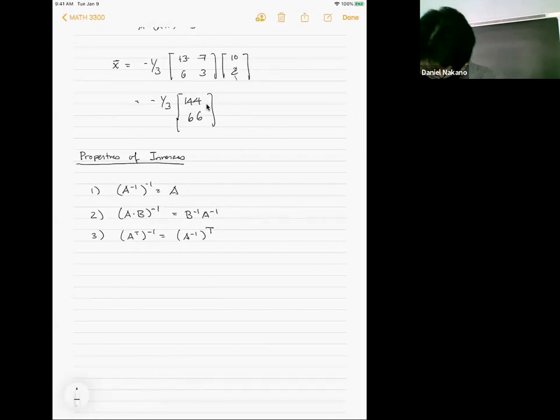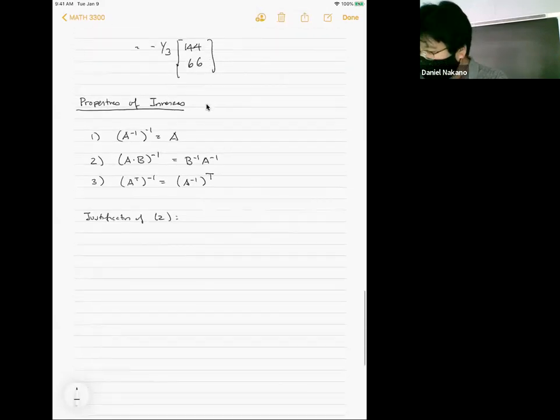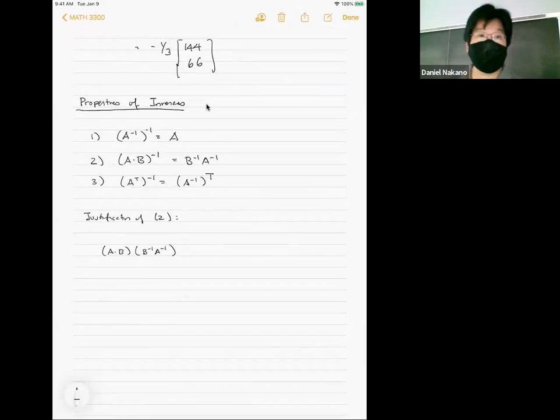Okay, so let me give you a justification of one of these. They kind of go the same way. So let's look at number 2, for example. If I take the product of A times B times B inverse A inverse. Okay.